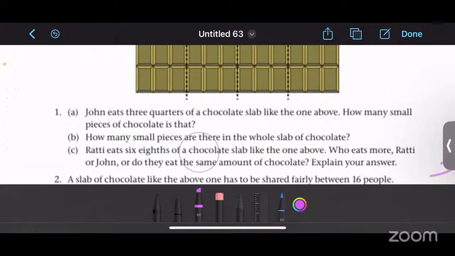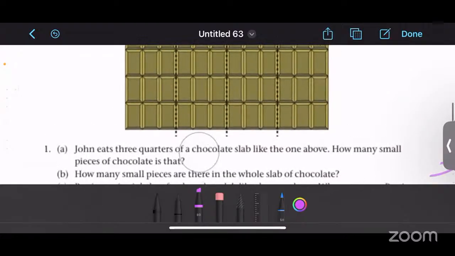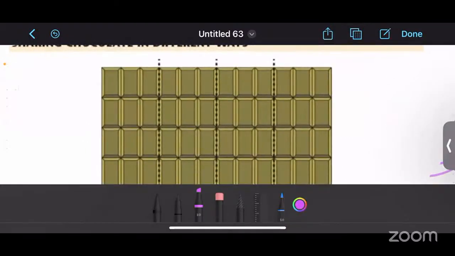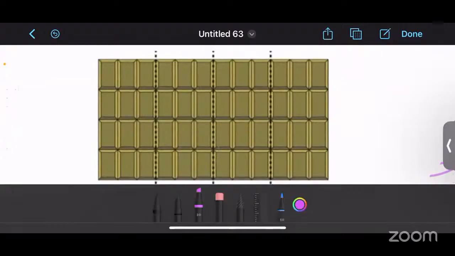Who eats more, Rati or John, or do they eat the same amount of chocolate? Explain your answer. Rati eats 6 eighths of the chocolate slab. 6 eighths. Do you think they're going to eat the same or not?